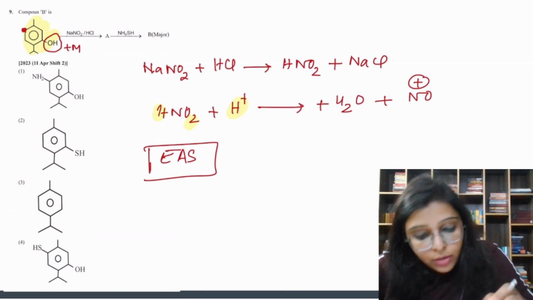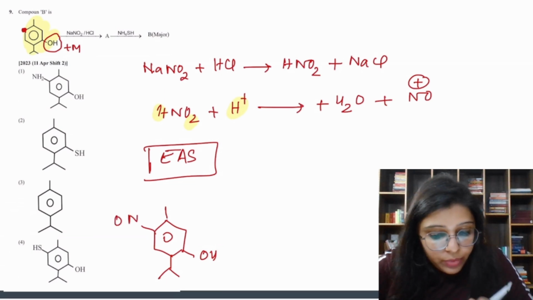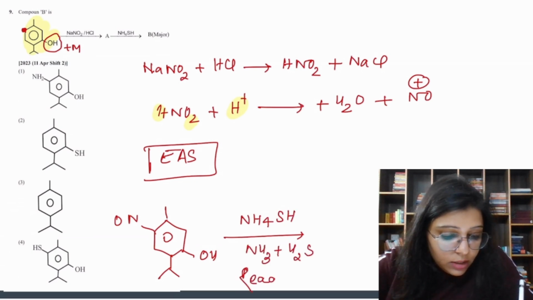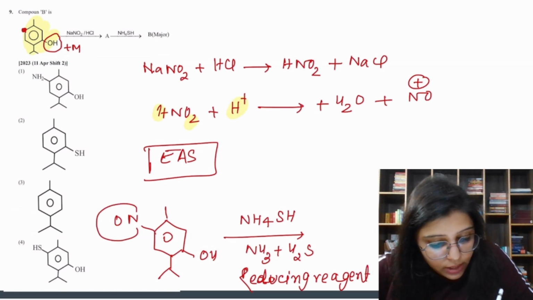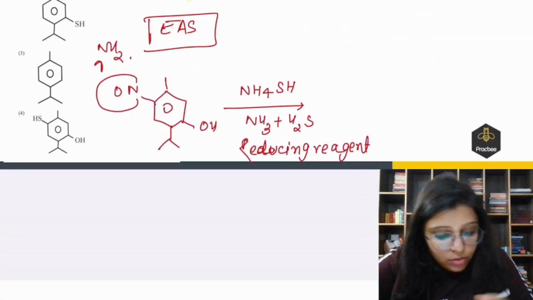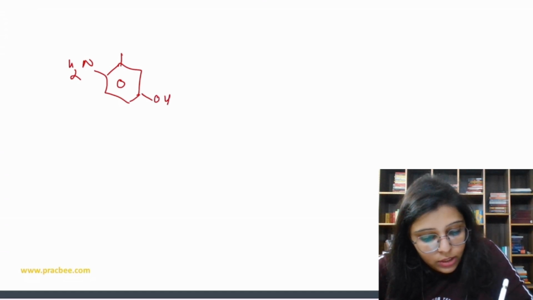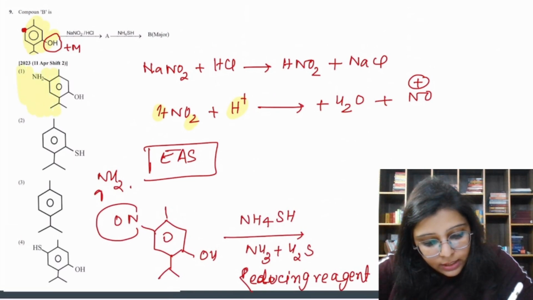So at the para position we get the NO group. Now we have NH4SH, which is NH3 plus H2S. This is going to be the reducing reagent, and its purpose is that NO is converted to NH2. So the final product has NH2 over here, with OH, and we get this as the product. So option A is the correct answer.